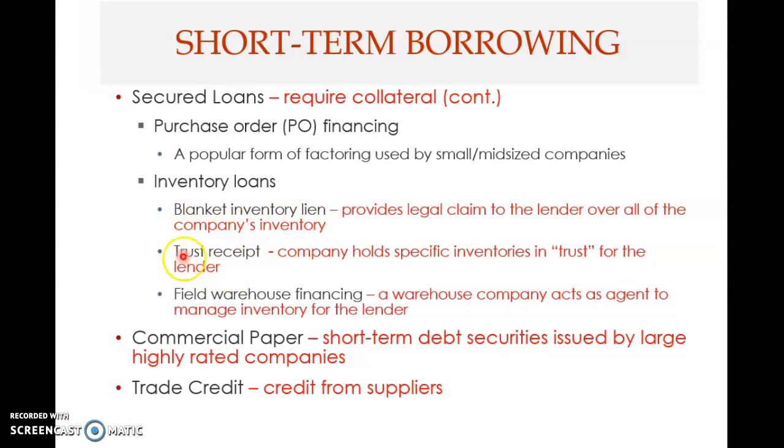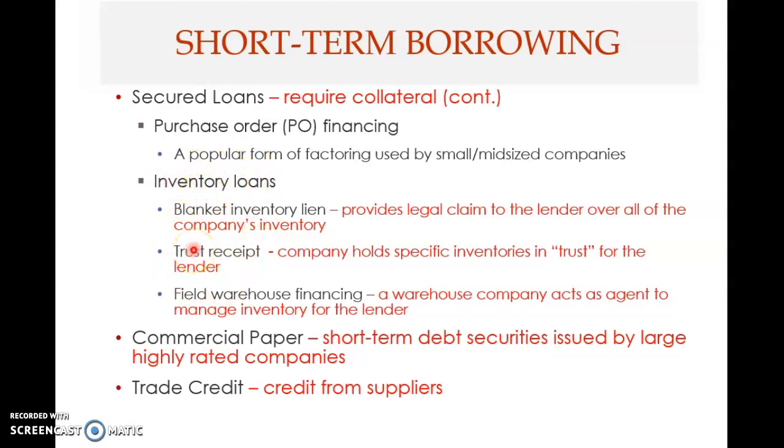Then there is the loan called trust receipt. Here the company holds specific inventory in trust for the lender. These inventories are usually large items like automobiles, cars, or aircraft. If the aircraft producers want a loan, they can obtain an inventory loan through a trust receipt.